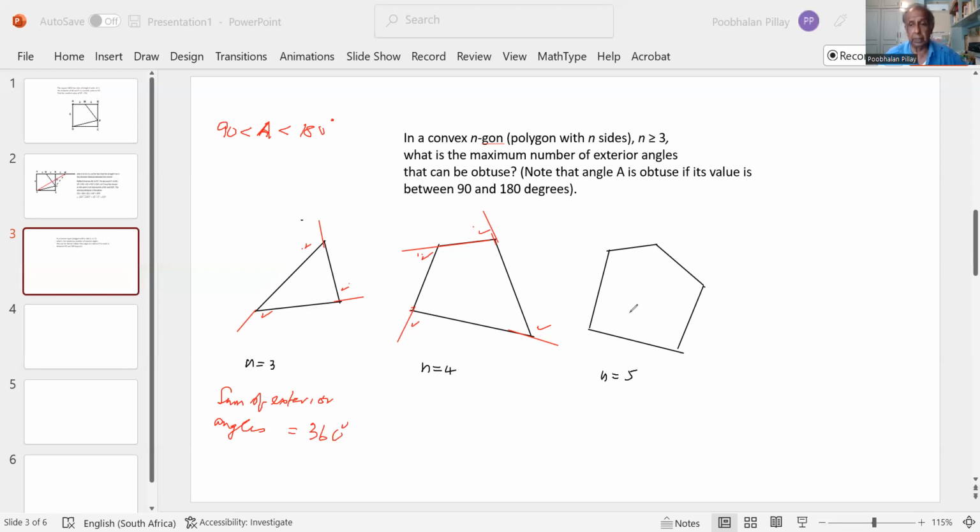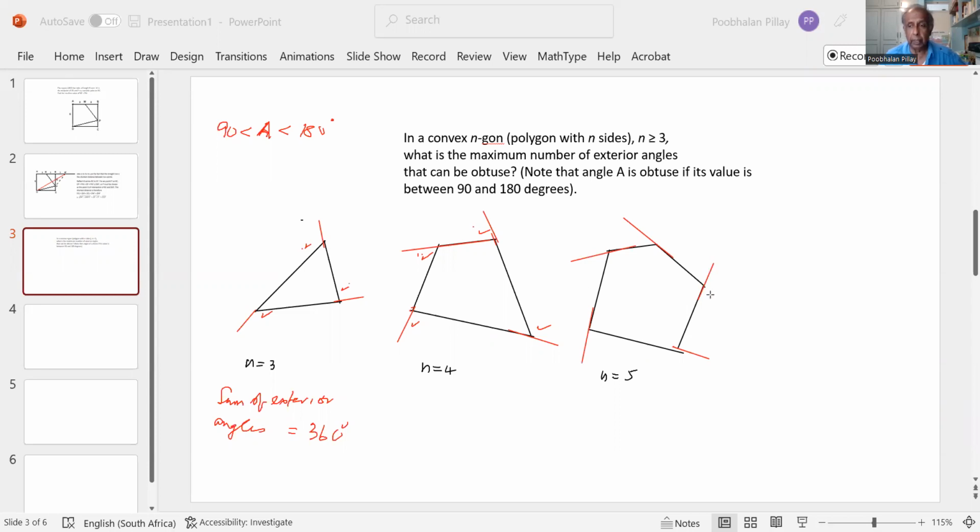When you add these 4 angles, you're going to get 360. And likewise, if you add these 5 angles on the side, extend that, extend that, extend that, and so on. Keep going in the same direction.